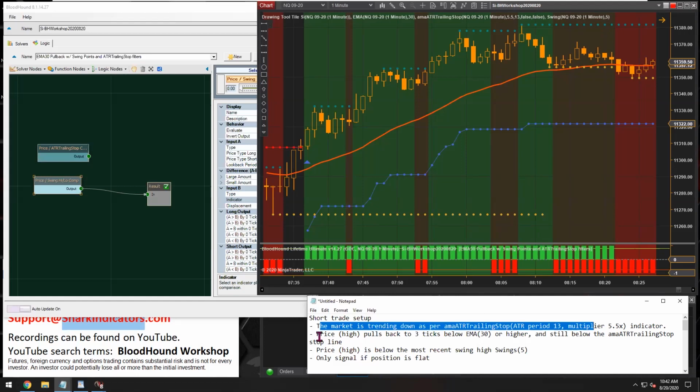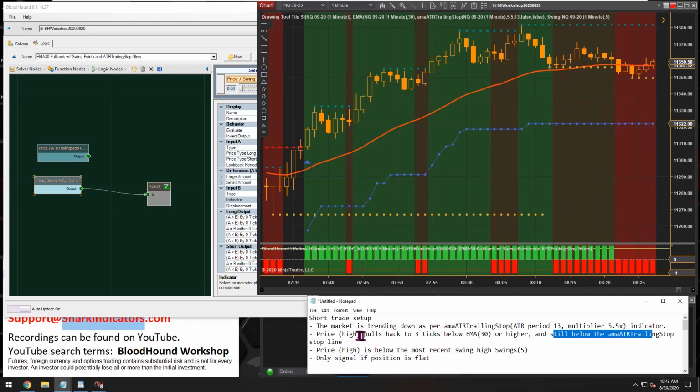Now the middle one will be a little more complex. We need to make sure that price gets within 3 ticks of our EMA 30, or it can go higher for a short, but it still needs to remain below the ATR trailing. Actually, you know what?